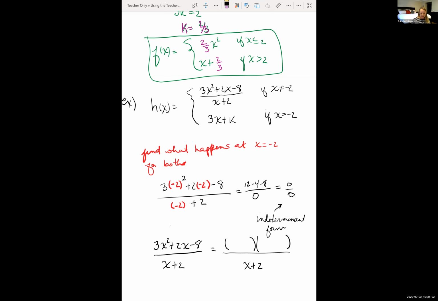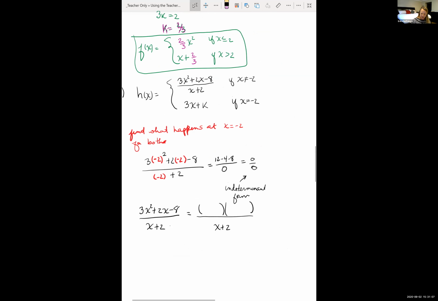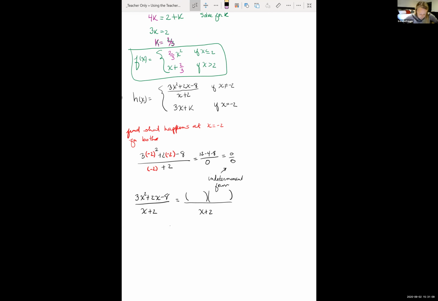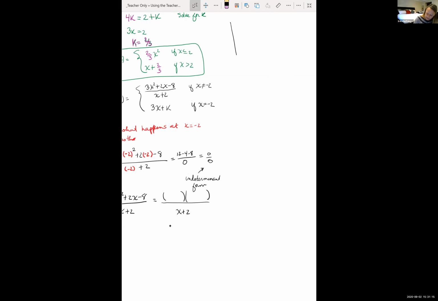Or I tend to use what is called the AC method. And I'm just going to do that on the side for a moment, and then we'll come back and put in that factored form. Okay, so if I want to factor 3x squared plus 2x minus 8.